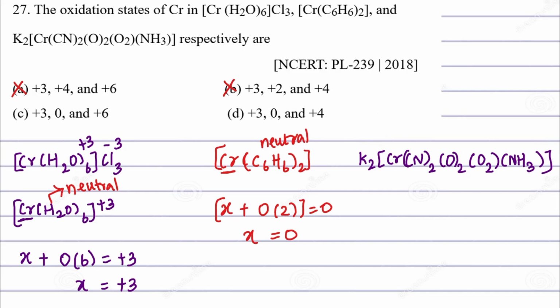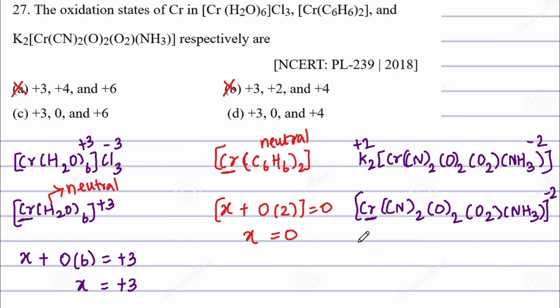So outside the coordination sphere, the charge is +2. So this complex ion will have the charge of -2. Now let us find the oxidation state of chromium. For the unknown element it is X, plus cyanide ion is given. For cyanide ion the charge is -1.